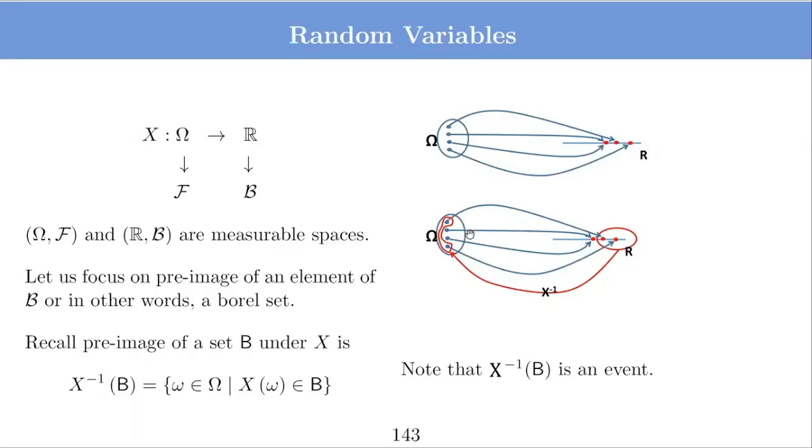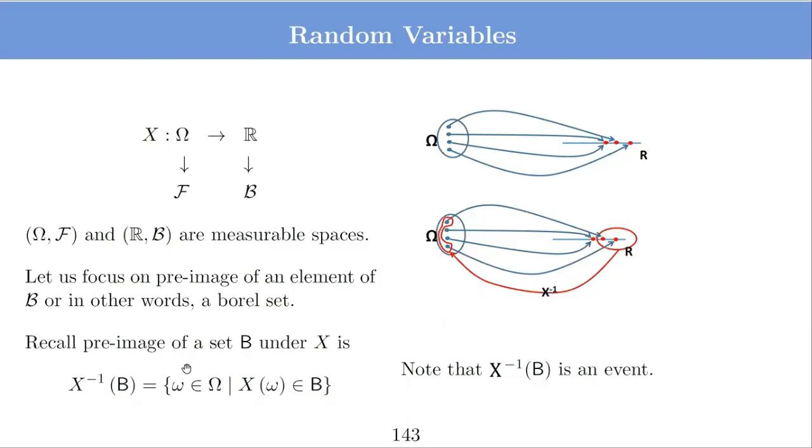Now let us recall the definition of pre-image. If I take a set A here, remember a set in the real line is like an interval or a countable union of intervals. So if you take any set here, specifically any Borel set, and you try to find the pre-image of this, what will you get?